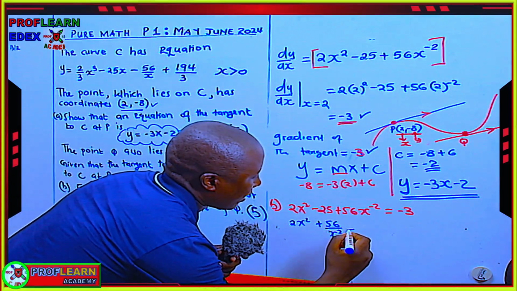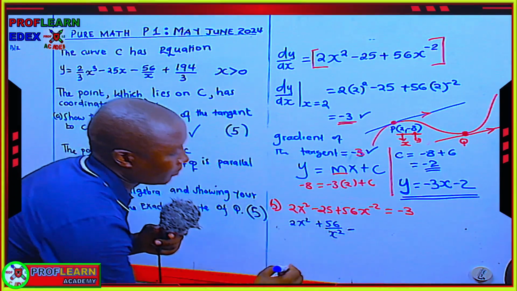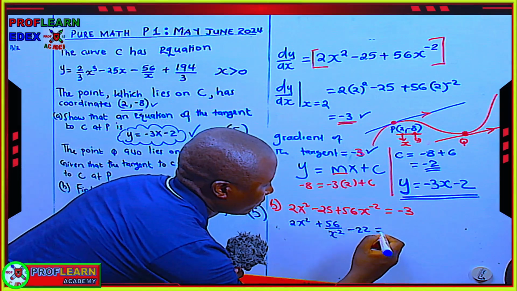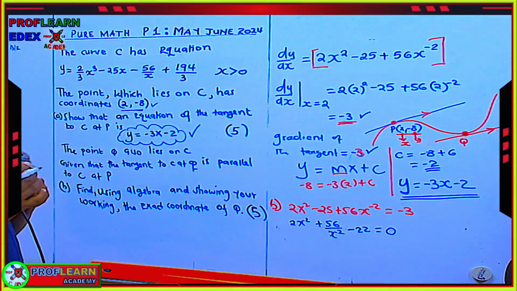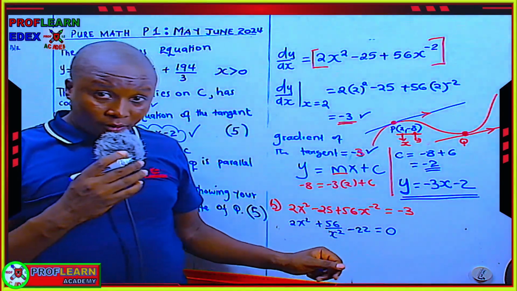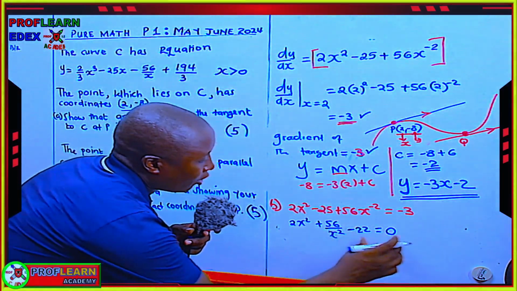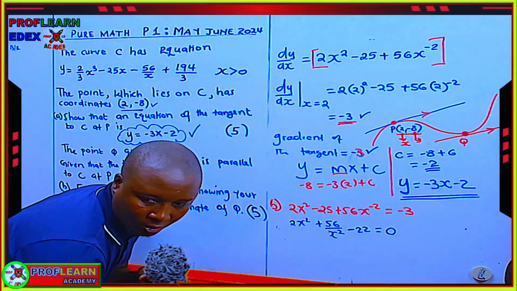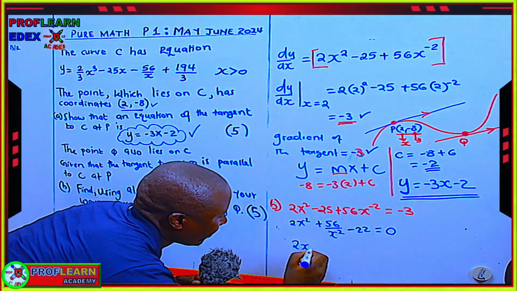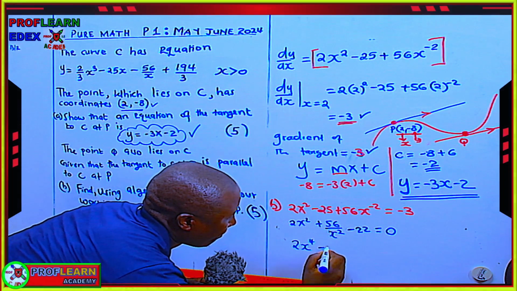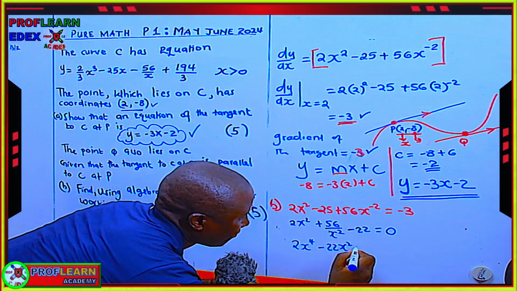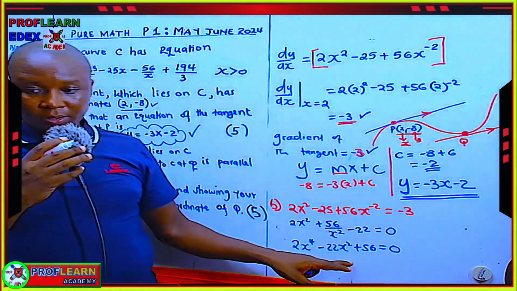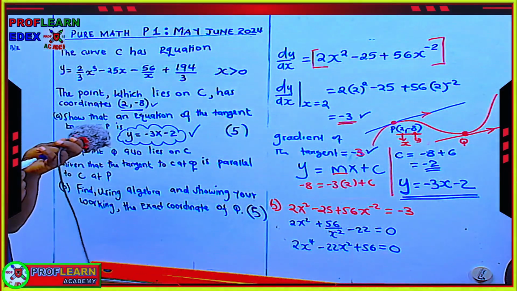Then minus, this will translate to 22 is equal to 0. In order to solve this, I'm going to multiply all through by x squared in all the terms. So I'm going to have 2x to the power 4 minus 22x squared plus 56 is equal to 0. So this is the equation that we really need to solve.